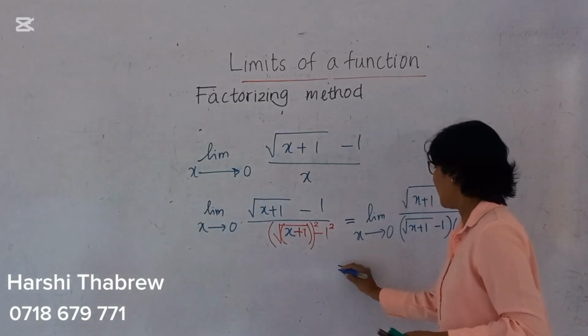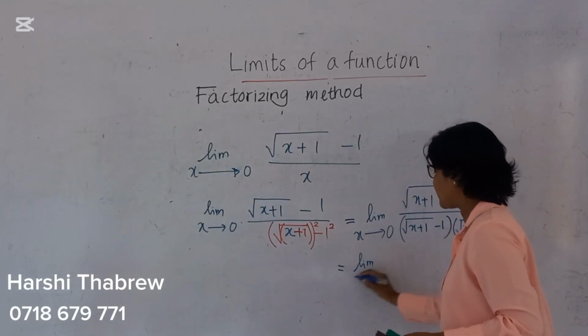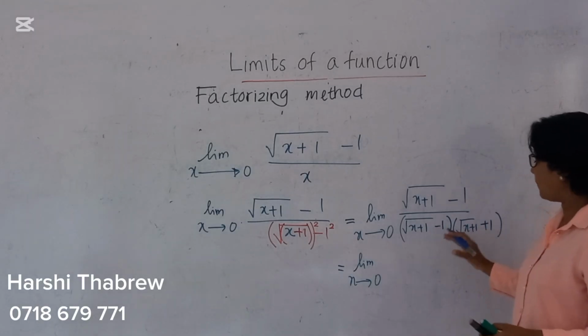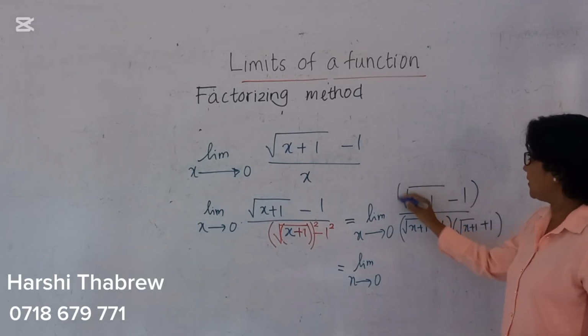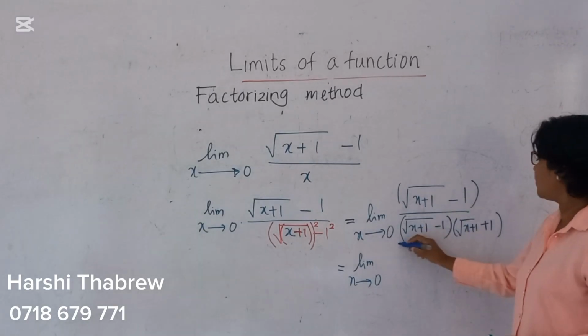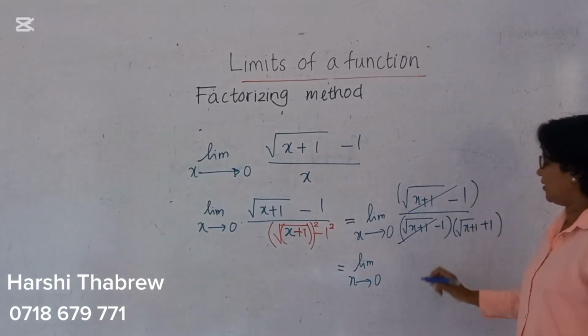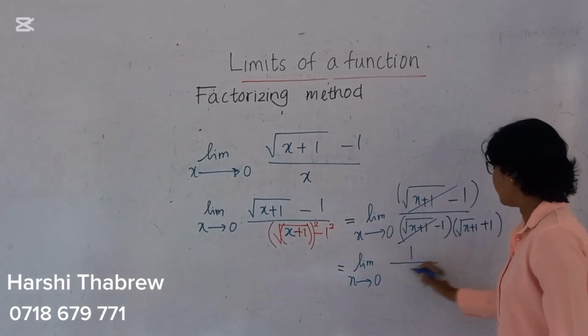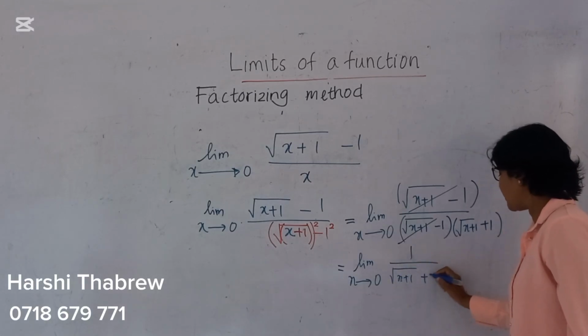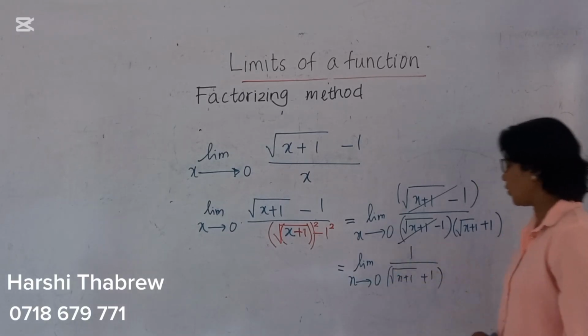Then, as x approaches 0, what happens here? Now you can see these two expressions are equal. Then you can simplify it. Now you have 1 over square root of x plus 1 plus 1 as the denominator.